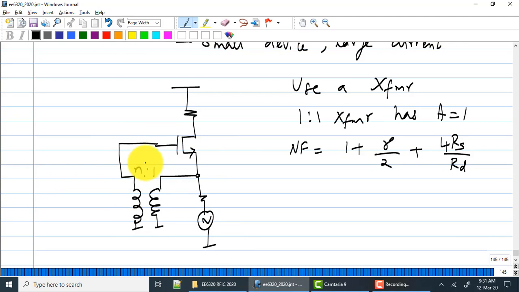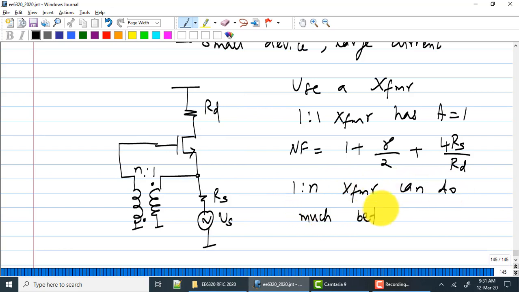So the dot points have to be on opposite sides in this case. Any questions?